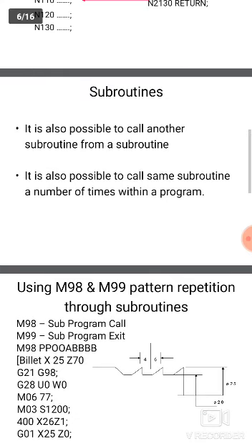What is a subroutine? It is a sequence of programming instructions that performs a specific task, packaged as a unit.